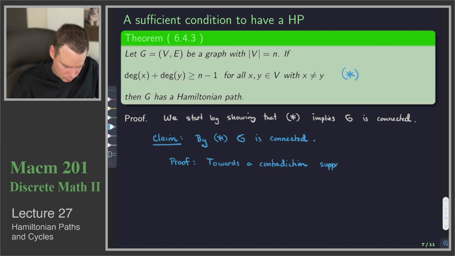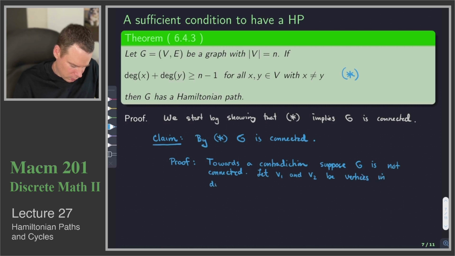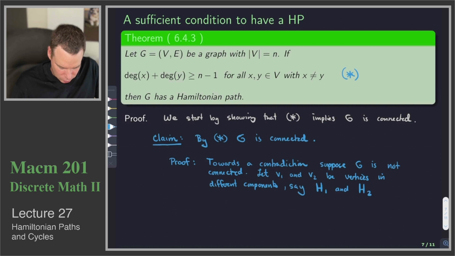Suppose G is not connected. If G is not connected, then it has at least two components. So we'll let V1 and V2 be vertices in different components, say capital H1 and capital H2. Those are our two components.